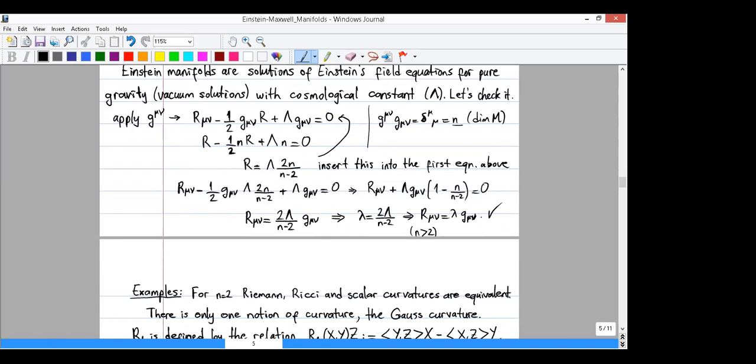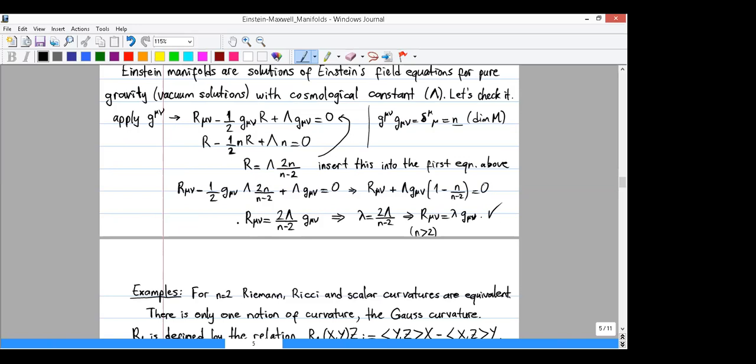Instead of scalar curvature R, we are going to use this equality. R_μν minus 1/2 g_μν times R plus lambda g_μν. Instead of R, we put this, and lambda g_μν here in this equation. Then what we get is R_μν, and if you take the common parentheses for lambda g_μν, you obtain this.